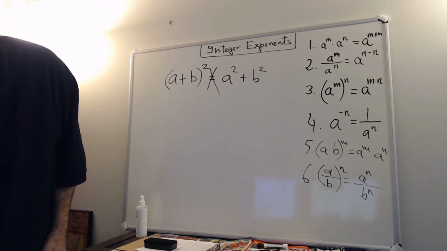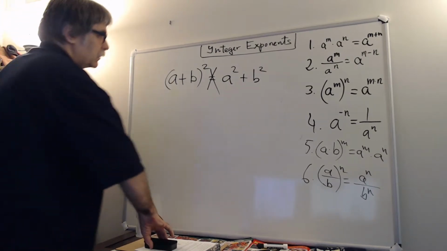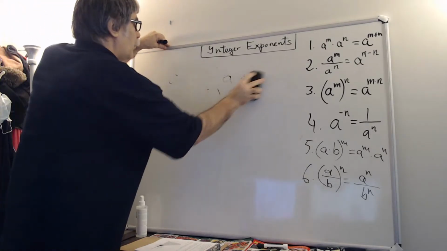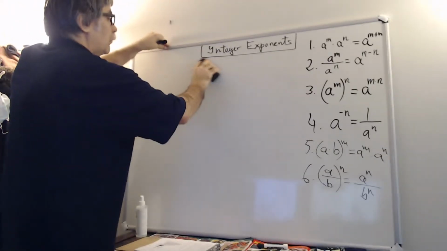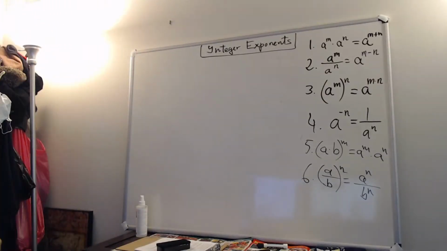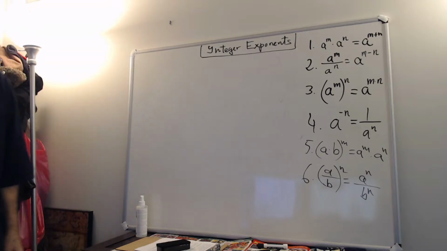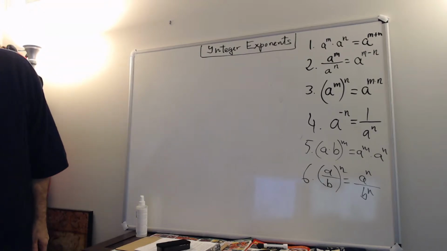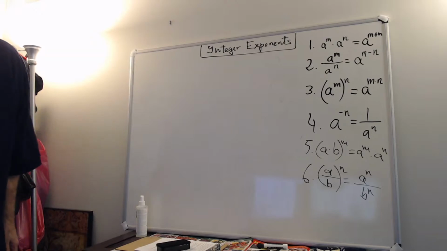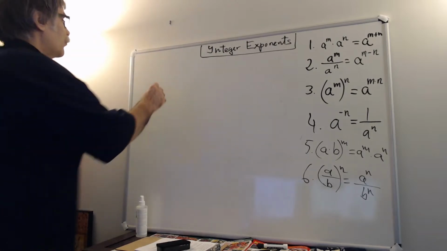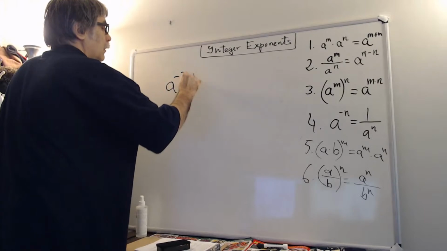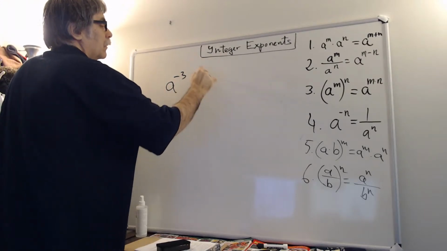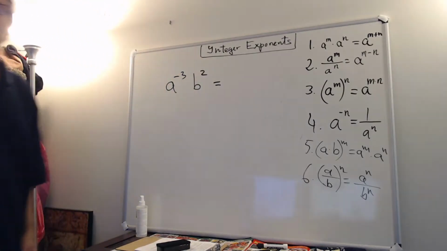Many of your homework problems are going to ask you to write a power or an expression with positive exponent or non-negative exponent. So the author of your homeworks doesn't like to have negative exponents. So you have to be able to do that. Okay? I'll give you one example. You can have something like that. So it says, write this with non-negative exponents.